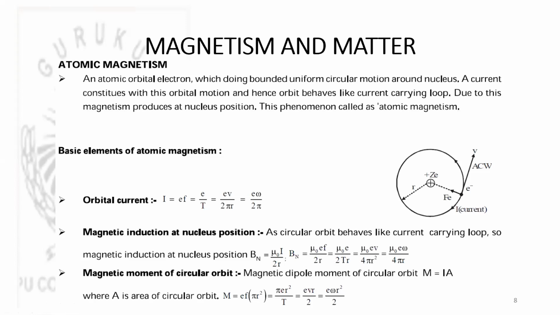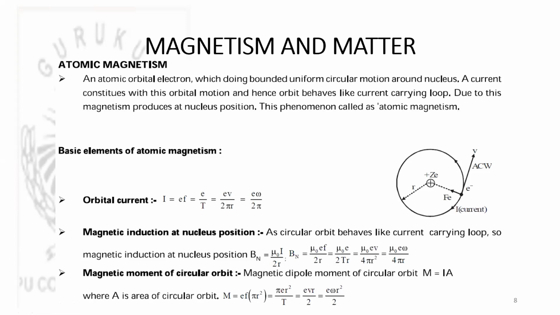And this time period of revolution is 2 pi r by v, we already know. Hence on substituting, you will get I is equal to ev by 2 pi r. And here v by r is omega, that is the angular velocity of this electron. So we can also write I as e omega divided by 2 pi.